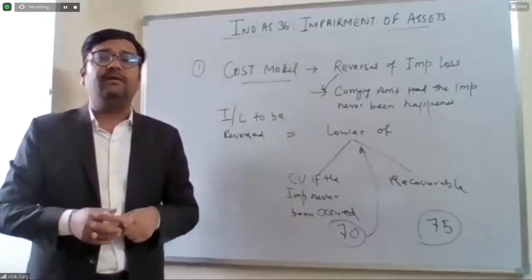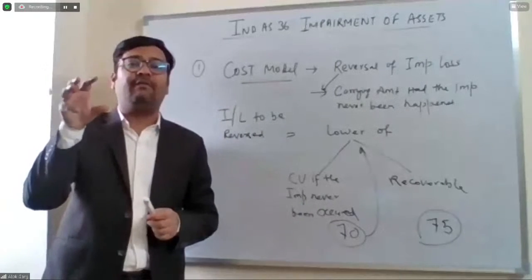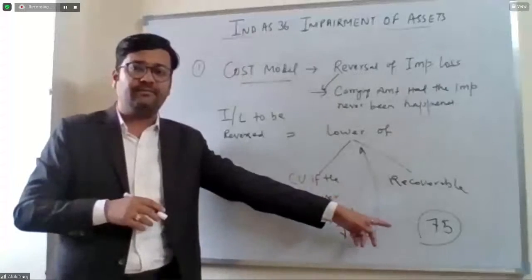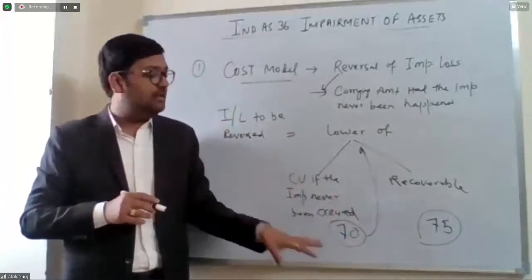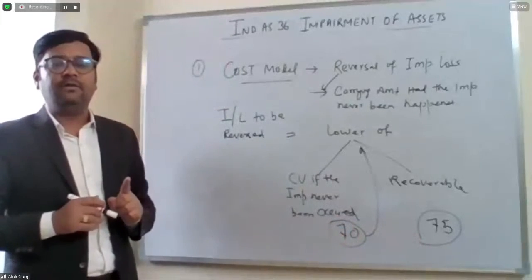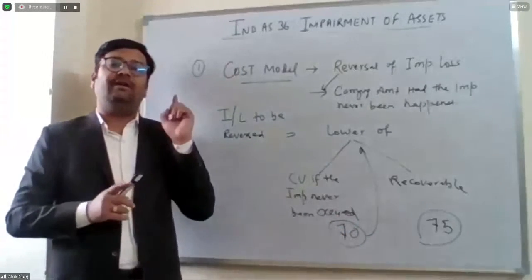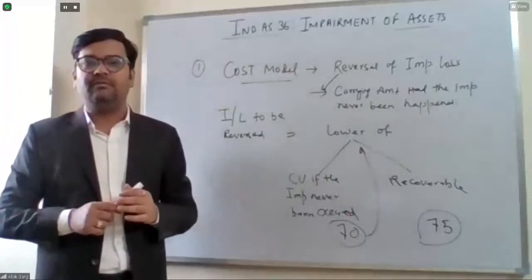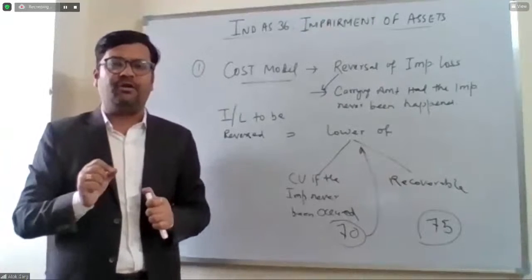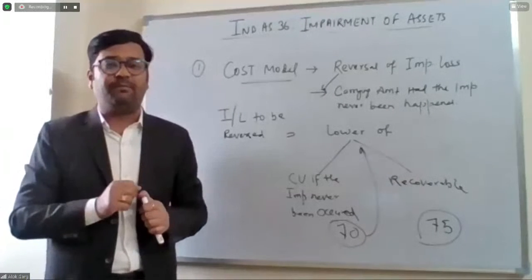What is the second one? The second one is you need to calculate the recoverable value on that particular date. What was the recoverable value? In my example, it was 75. So what is the lower, 70 or 75? 70 is the lower. And what was the actual carrying value? You remember, in the first year end, we charged an impairment loss and the carrying value was 70 at that point of time.